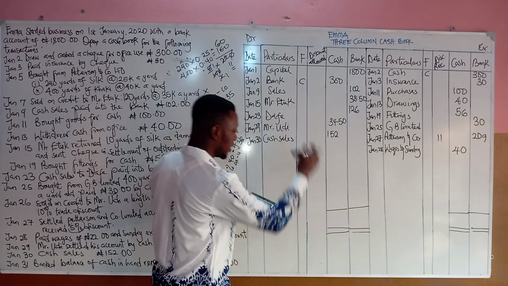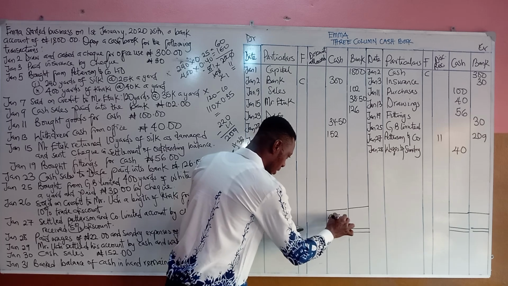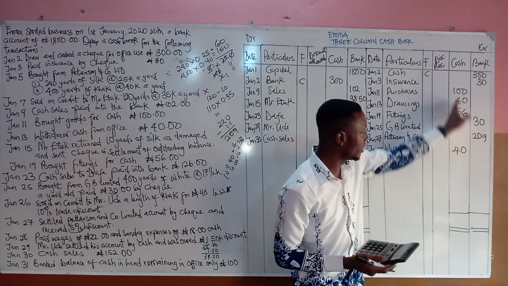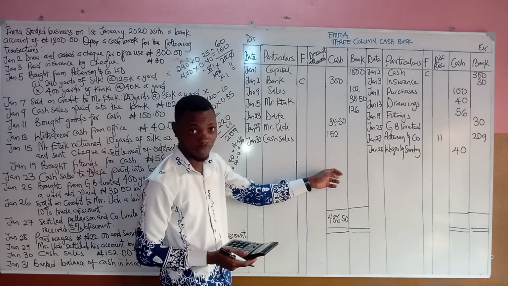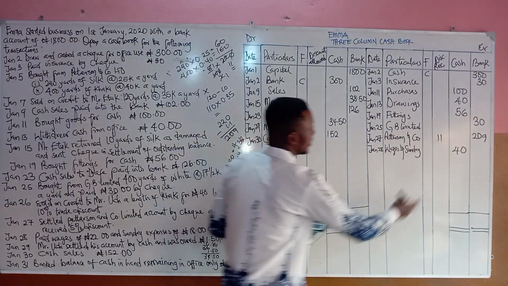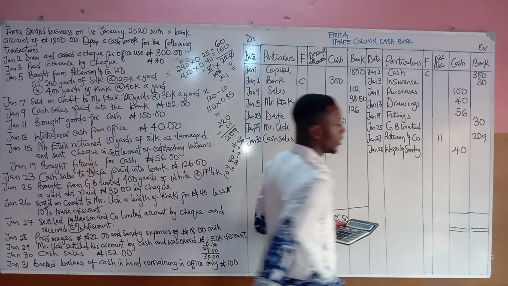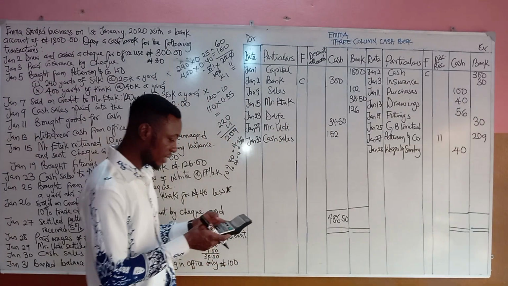Now, if we add all of these, this will give me 486 naira 50 kobo, right? Now, I'm doing that because I've seen the balance here is not up to what we have here. If we calculate, this is 100, 140, 180, 180 plus 56. That is 236, right?